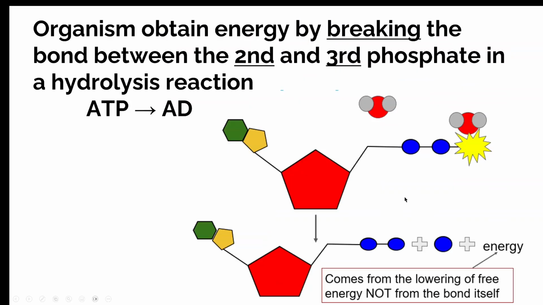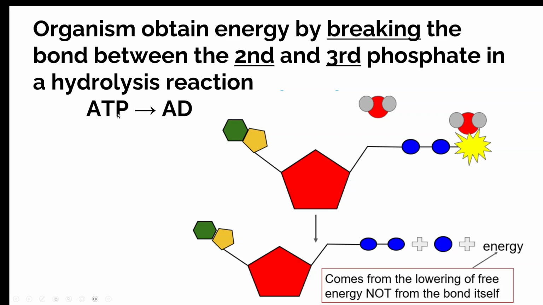Okay, so organisms obtain energy by breaking the bond between the second and third phosphate in a hydrolysis reaction. Once we have water involved and use it to break apart that bond between the two phosphates, we see a big release of energy.